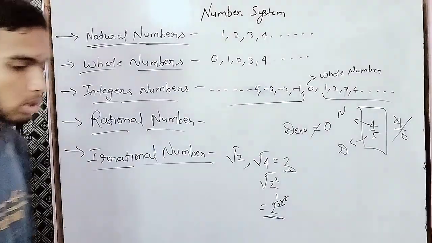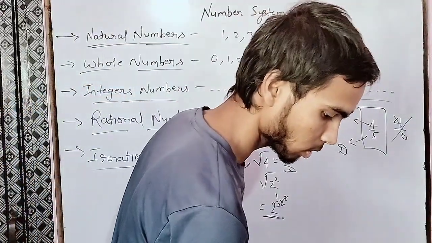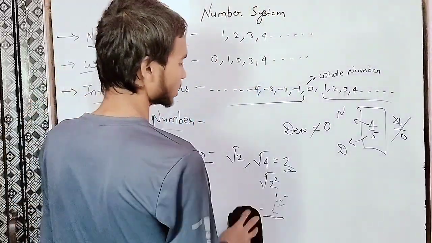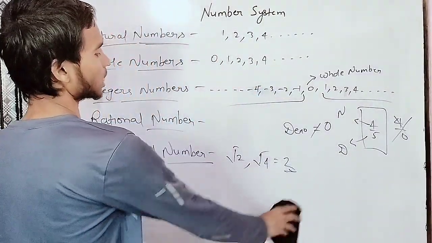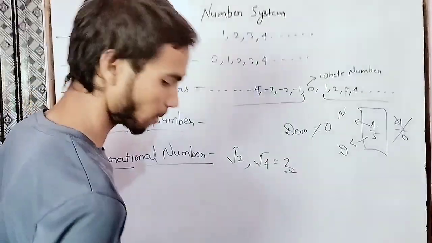So here 2 is a rational number. 2 is an integer. 2 is a natural number. 2 is a whole number. Clear?